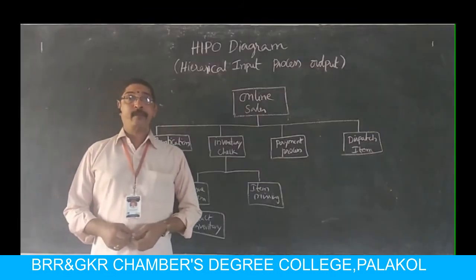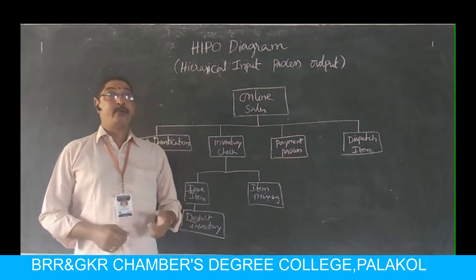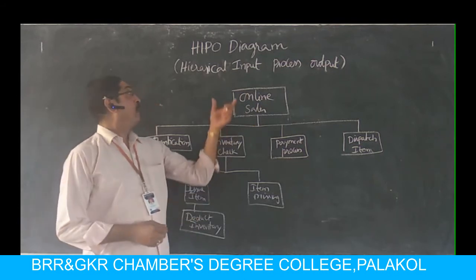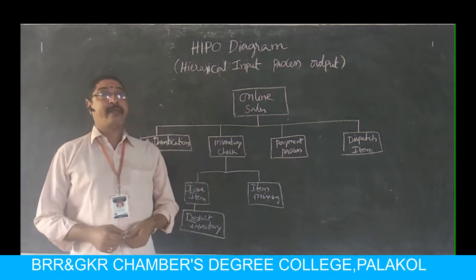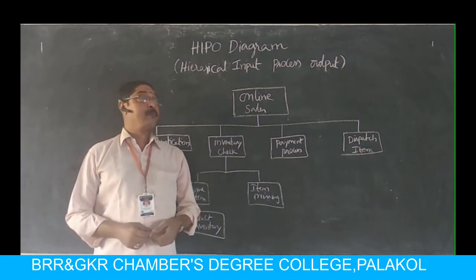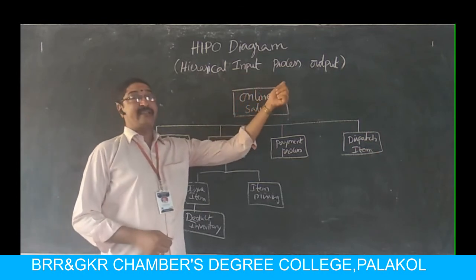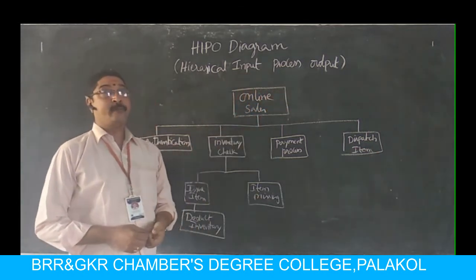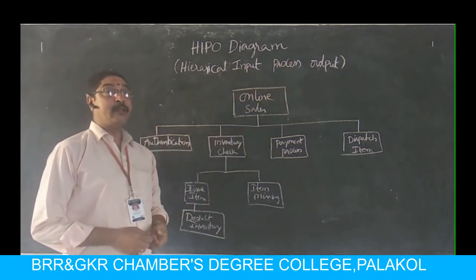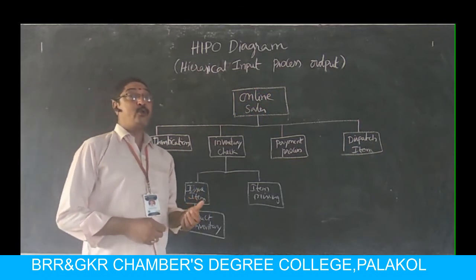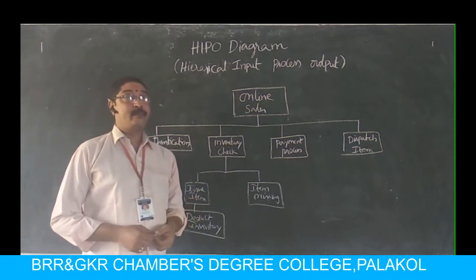Another tool that helps us to explain the system is the HIPO diagram. HIPO: Hierarchical Input, Process, Output. In this HIPO model, we can use two methods as a combination.